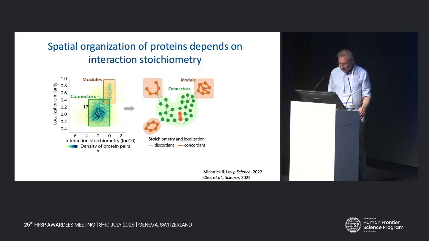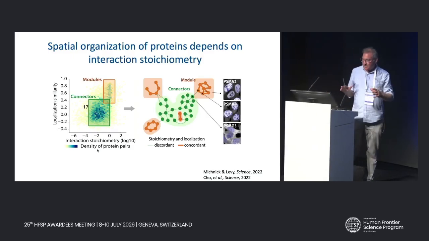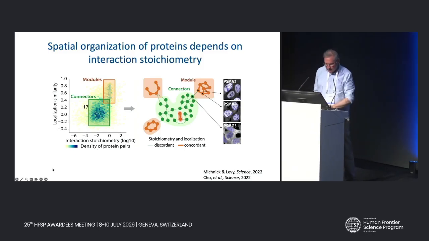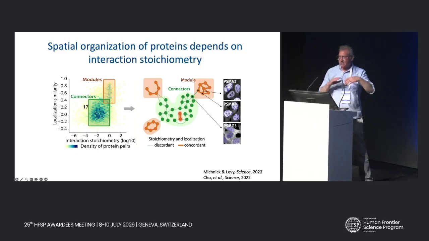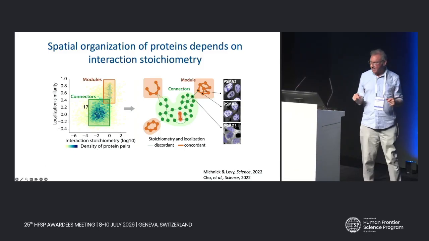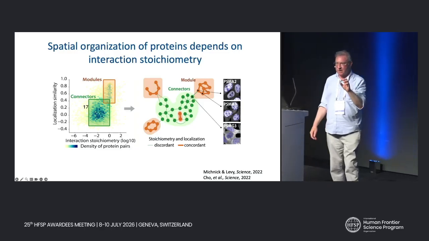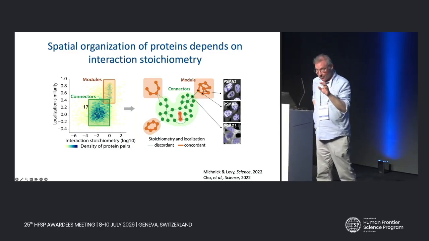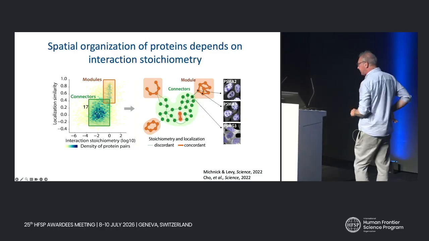And in a commentary that Emmanuel Levy, who's in the room with me today, wrote, what we realized was that what this describes is that you actually have a huge number of lower stoichiometry interactions in the background of a bunch of very strong interactions or modular interactions.